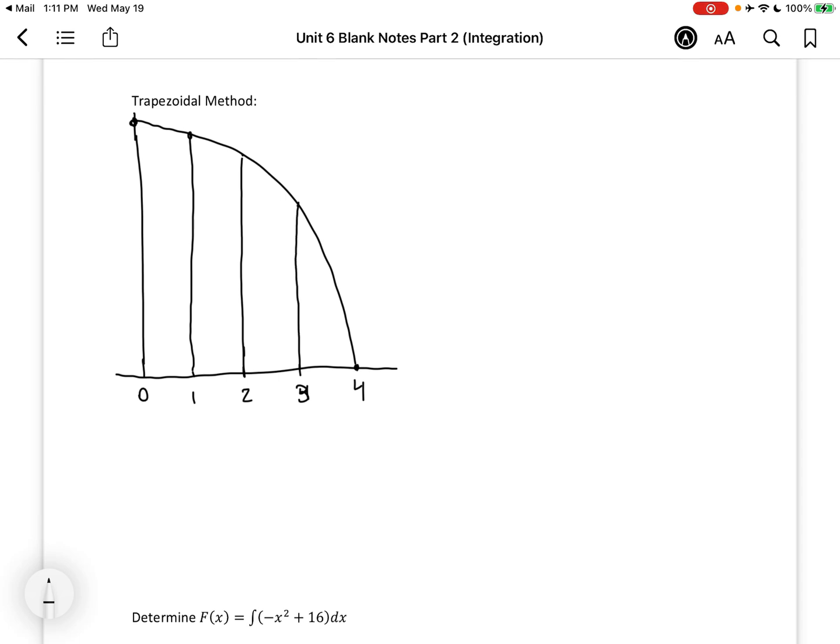So with trapezoids, we make all these points into little trapezoids. So we're going to go like this. And those are what we'll use. The last one, of course, will be a triangle to approximate the area.